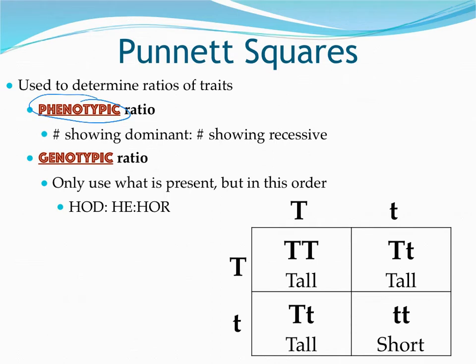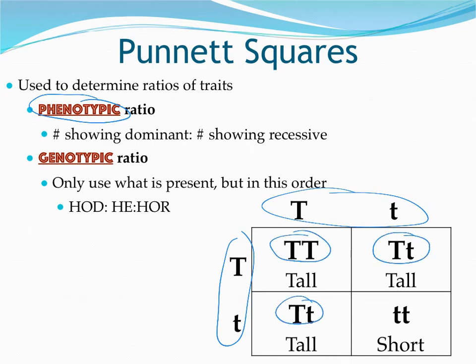So in this example, where we have a heterozygous parent being crossed with a heterozygous parent for tall flowers, we get this one. This is homozygous dominant, right? Then we get 2 heterozygotes, and we get 1 homozygous recessive. So the phenotypic ratio for this is 3 tall, because that would be the dominant trait, to 1 short.